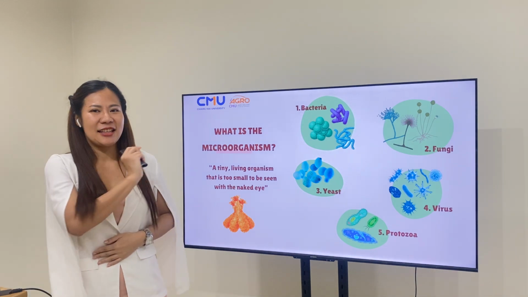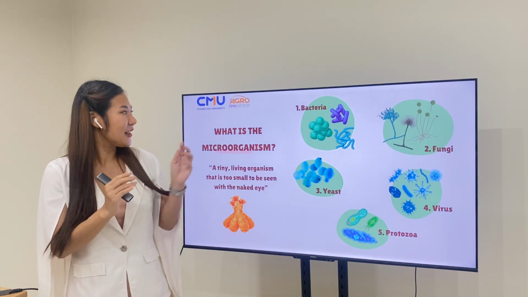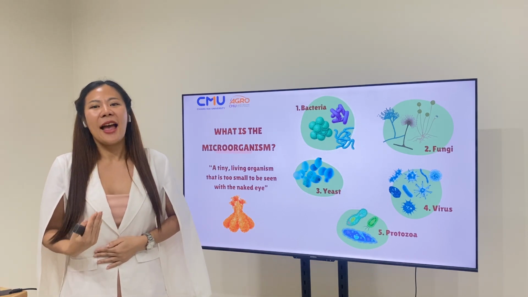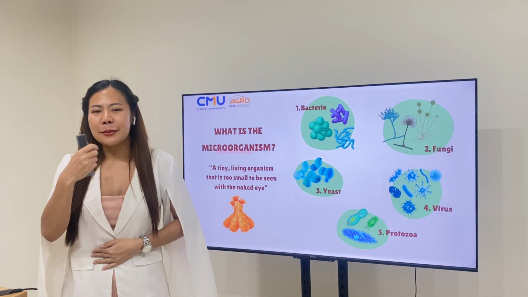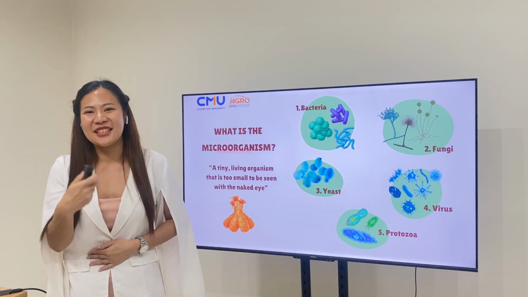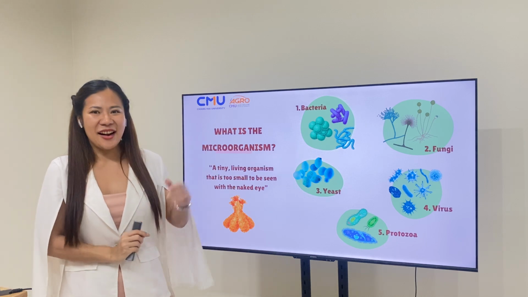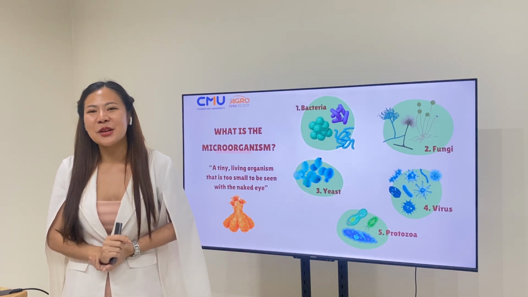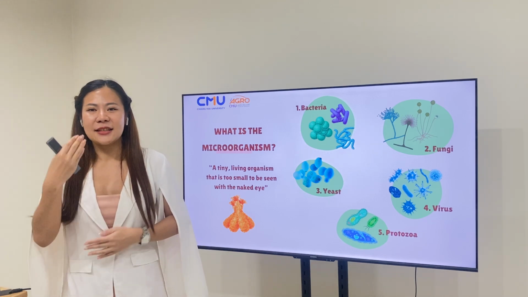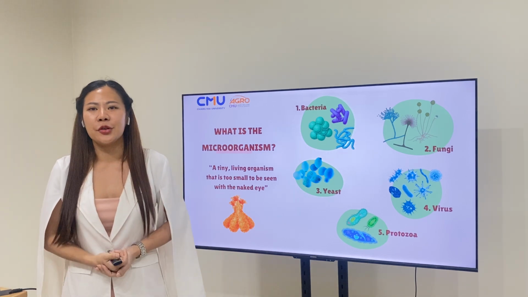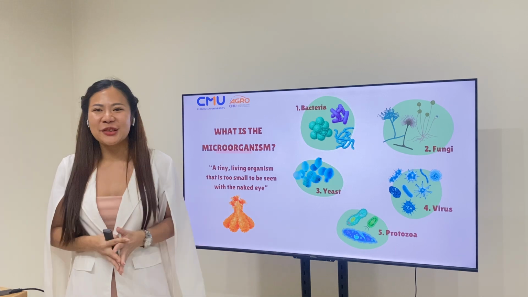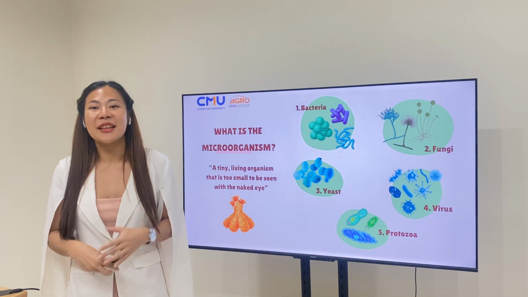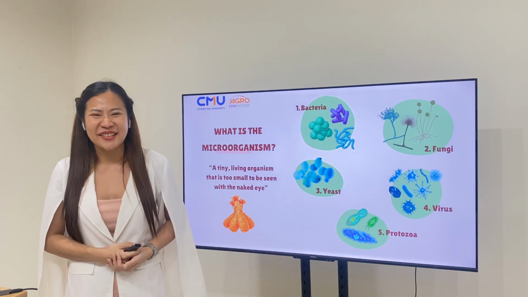Yeast belongs to the kingdom of fungus too, with a unicellular structure and budding for reproduction. The viruses are non-living and they need a host cell to reproduce, and they differ in size and form. Lastly, the protozoa. The protozoa are single-cell eukaryotes that you can find in water and soil.